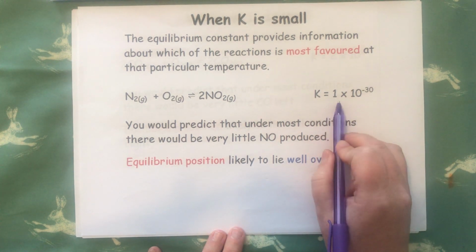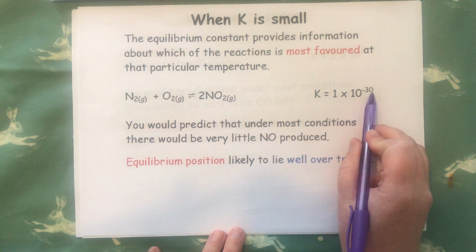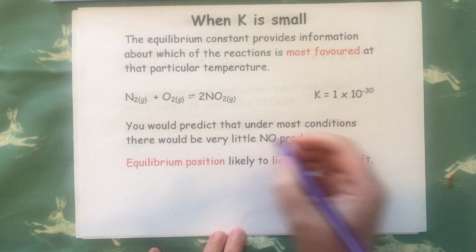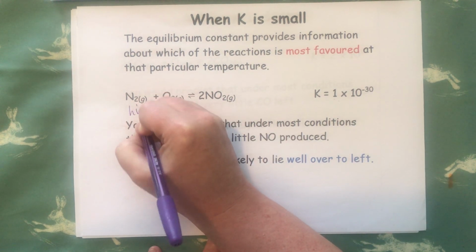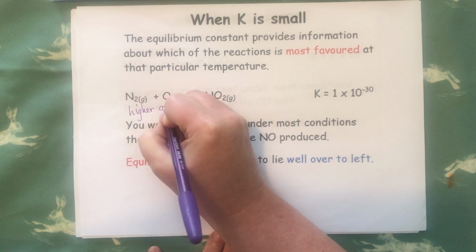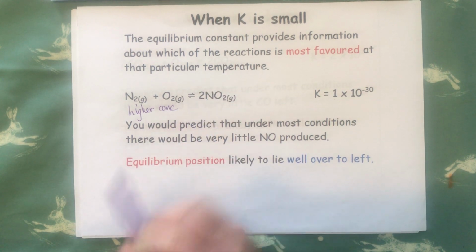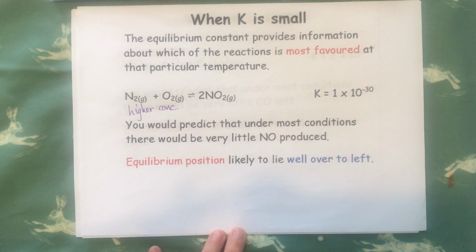K is small. It's 1 times 10 to the negative 30, so that's obviously a very small number. And when K is small, it indicates to us that we have a much higher concentration of reactants than we do of products.